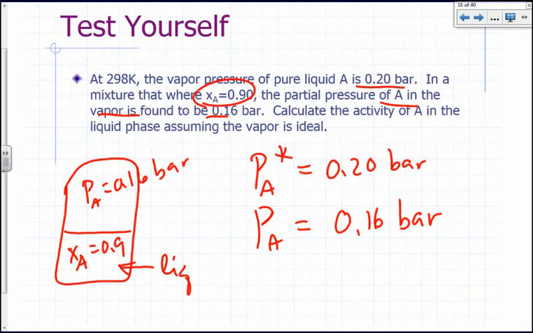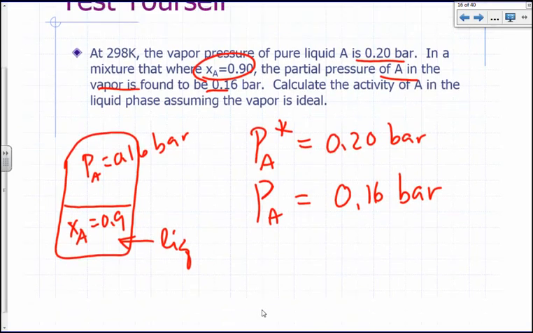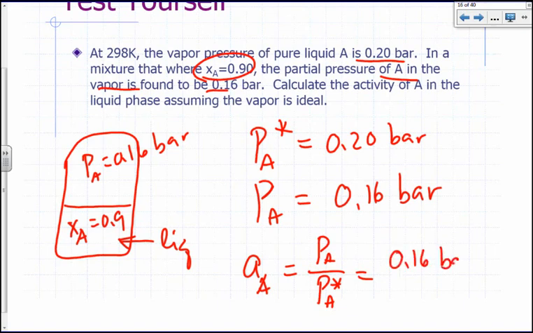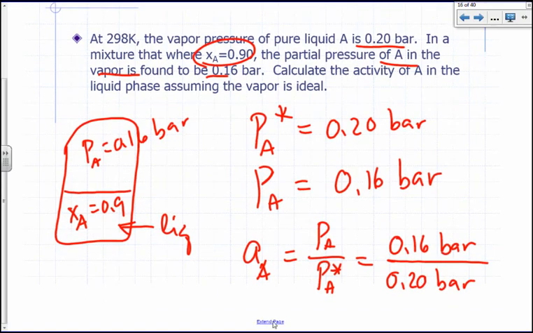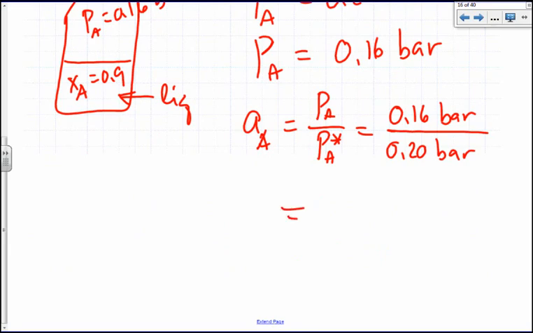So what's the activity of A in our liquid phase? The activity of A is just equal to PA over PA star. So it's going to be 0.16 bar divided by 0.20 bar, which gives us 0.80.